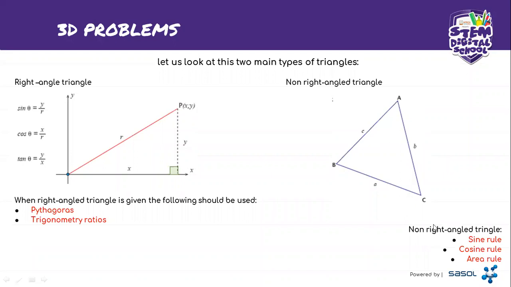So that's what we are going to be focusing on for today's lesson. When to use the sine rule, when to use the cosine rule. And the last one, of course, if you have to calculate the area of a triangle, then we're going to use the area rule. Now let's proceed.